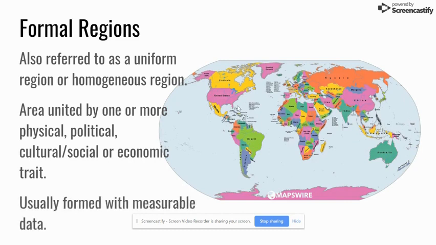No one is going to debate that. First of all, you have measurable data to argue that the United States is formal. For one, you have internationally recognized boundary lines here in Hawaii. We have recognized boundary lines, not only recognized by United States citizens, but also governments around the world. In addition to that, we have a central governing body, right?